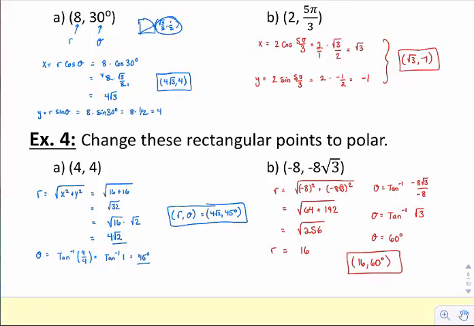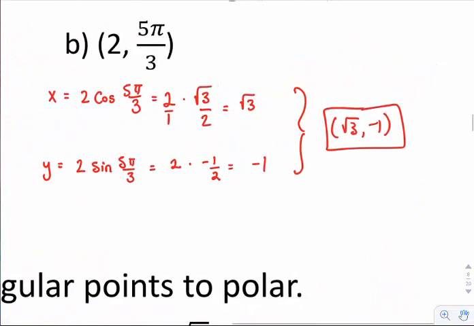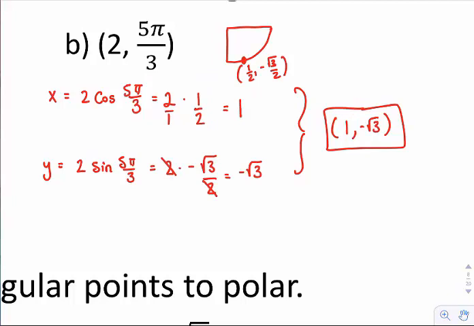Alright, so here are your answers for B for both examples. First one, we have r cos theta and r sine theta. We just have to know what cosine of 5 pi over 3 is. If you're at 5 pi over 3, you are on the unit circle at this point right here. Those points were actually wrong, so let me fix them real quick. I'll pause the video and fix it real fast. Anyway, that's better. So you got the right point: 1/2, negative radical 3 over 2, and I'm doing r cos theta and r sine theta.